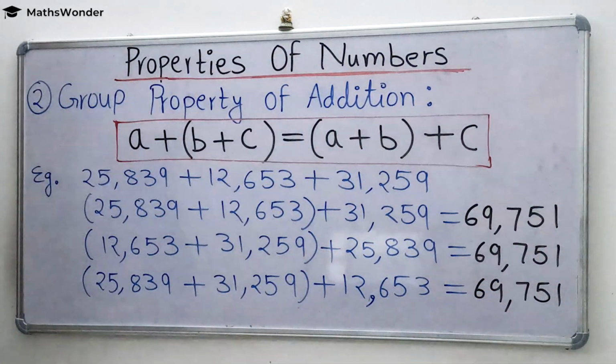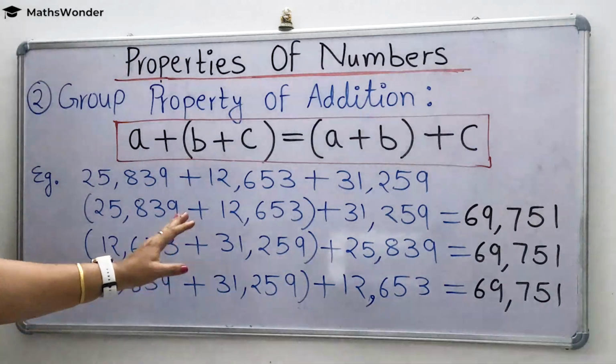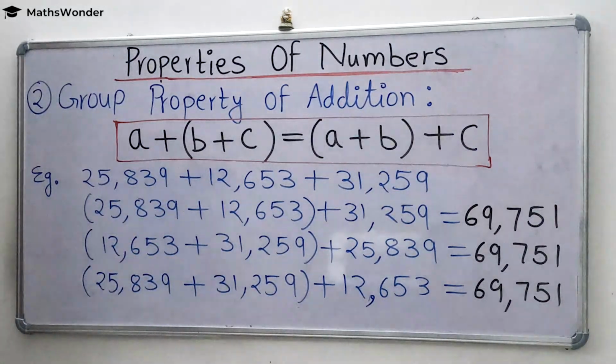So what is the conclusion here? The conclusion is the sum of three or more numbers does not change even when their grouping is changed. Understood?